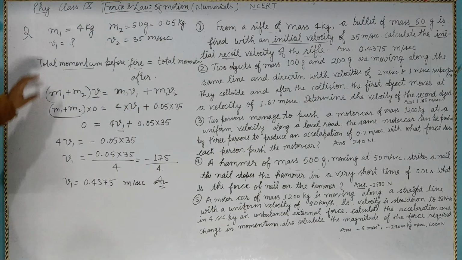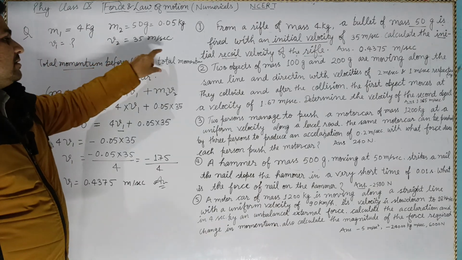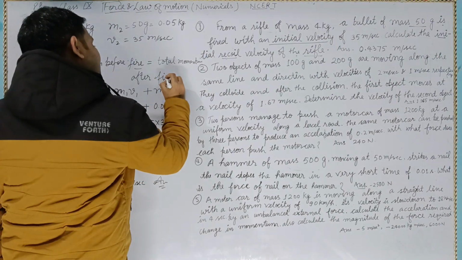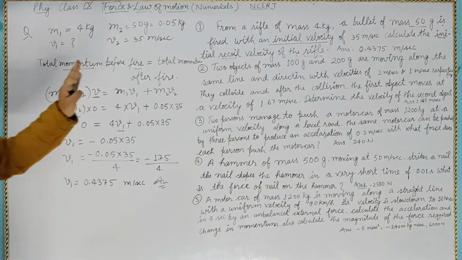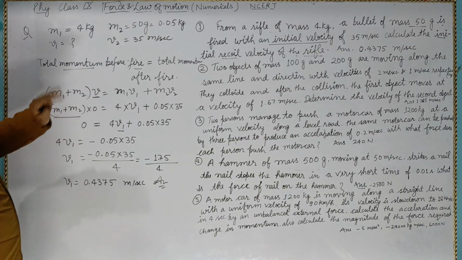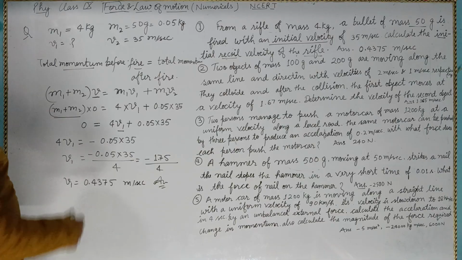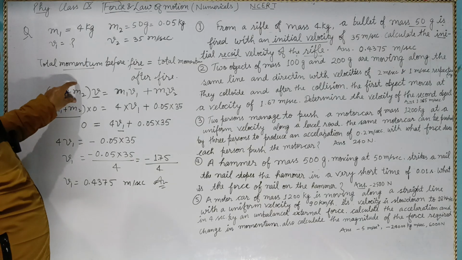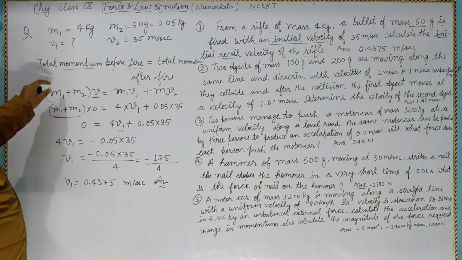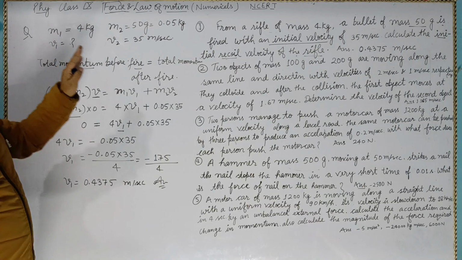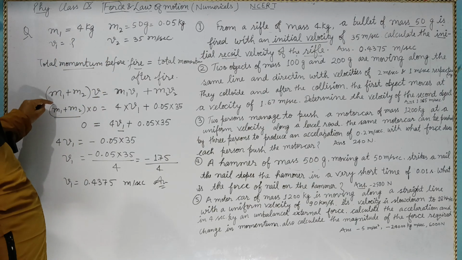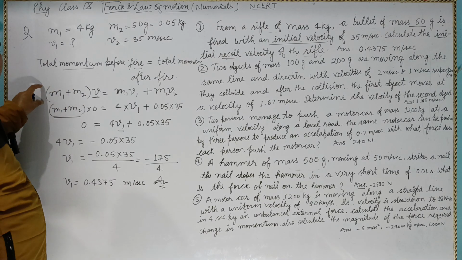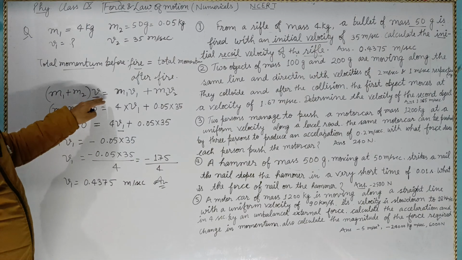The total momentum before fire and total momentum after fire are equal, because initially, when the fire is not done, the bullet and gun are together, and the total mass of the bullet and gun is taken together, and velocity is 0.